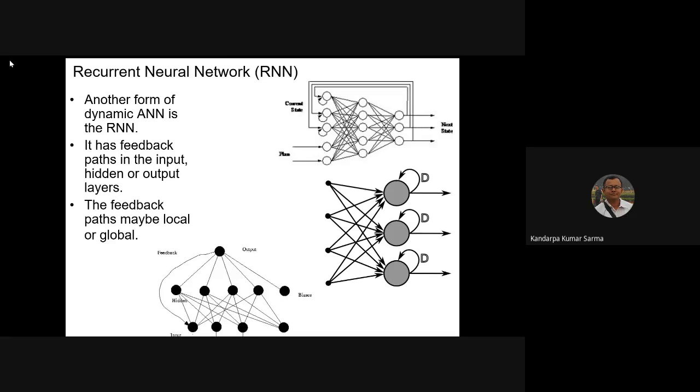And then the recurrent networks can have global feeds, with feedback paths coming from the back end to the front end, to all the neurons. That will lead to more resilient temporal tracking capability, but that will again put huge stress on the computational load.